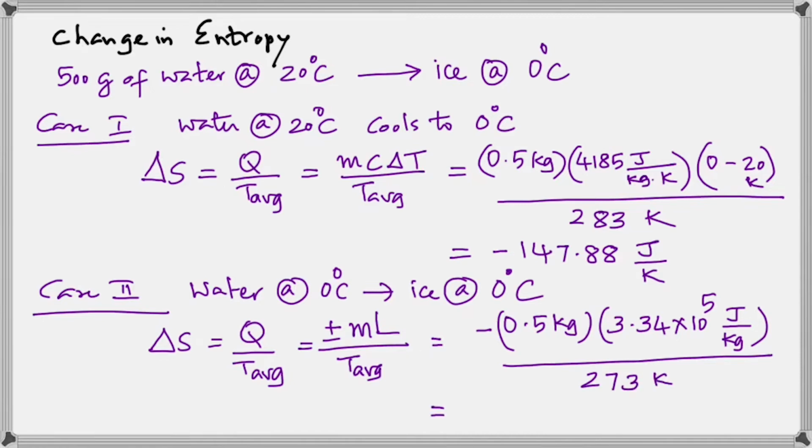So I got negative 611.72 joule per Kelvin. So to find the total change in entropy, you actually got to add these two numbers, and that will be the final answer.